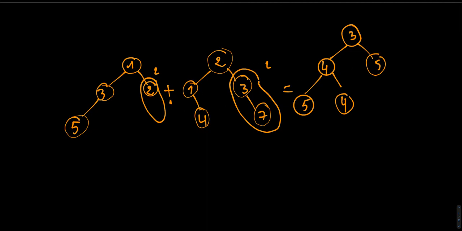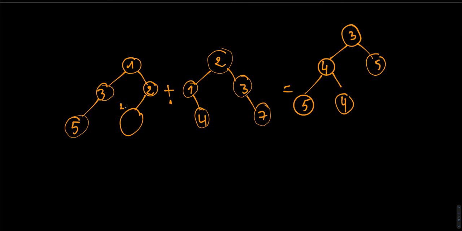Okay, and now I need to merge the new subtrees that are these ones. I'm going to call 2.1 with 2.1 and 2.2 with 2.2. So 2.1 with 2.1, both are null, so nothing is going to happen here.